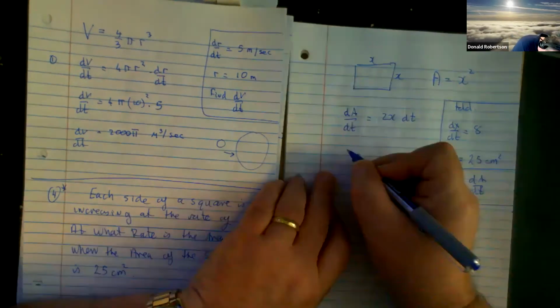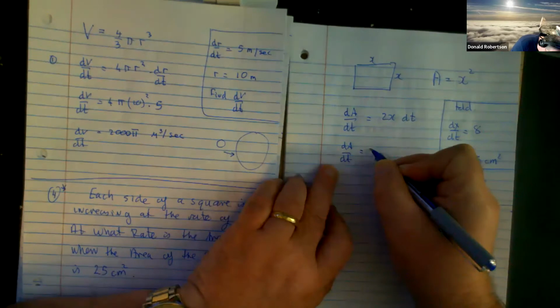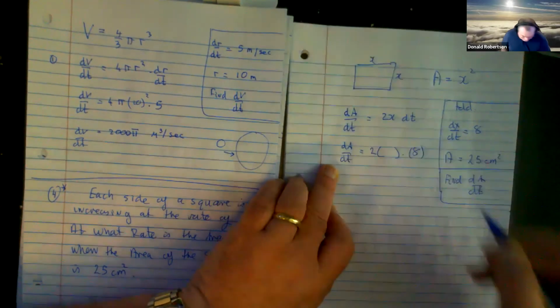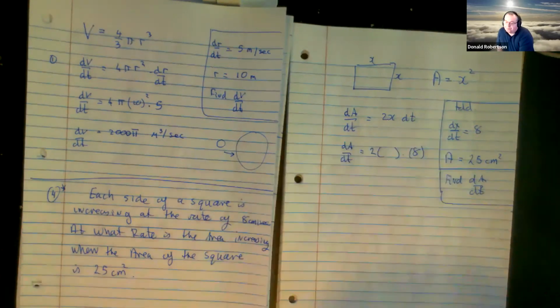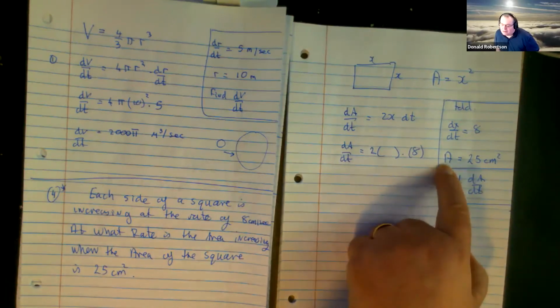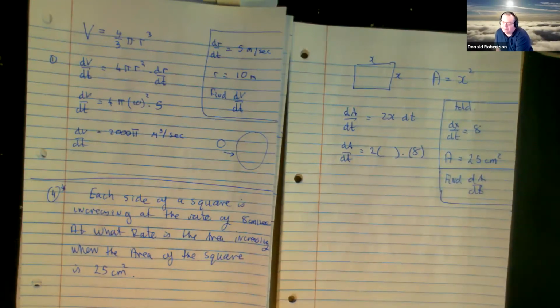Well, we hit a bit of a snag here. I don't know X. Well, actually, I do know X, it's just hidden. If the area of the square is 25, don't I know X? What's X if the area is 25?